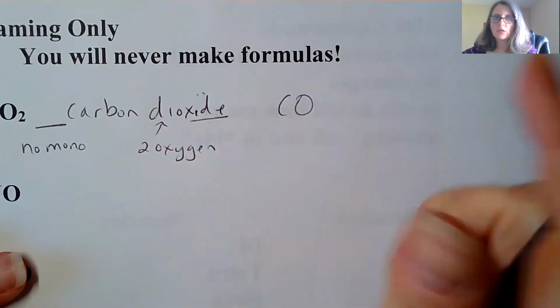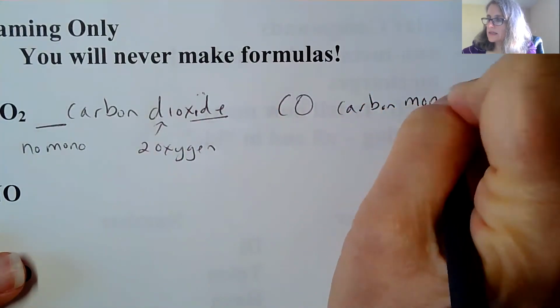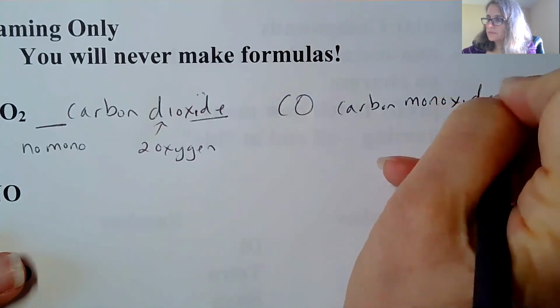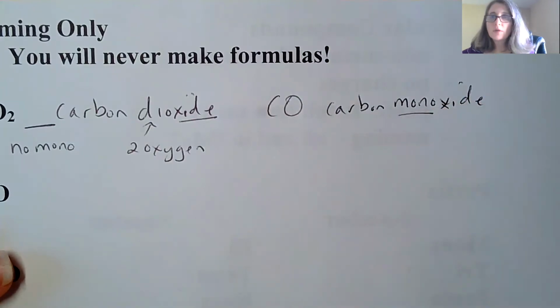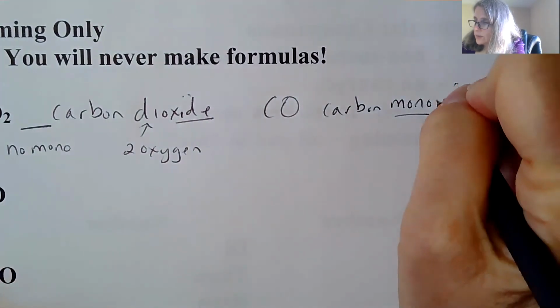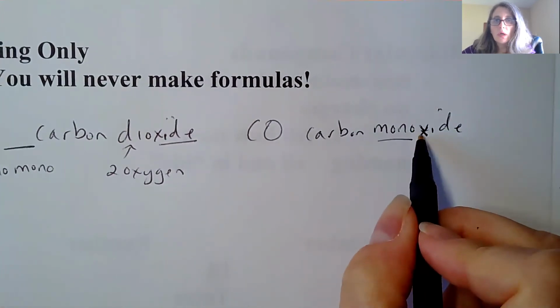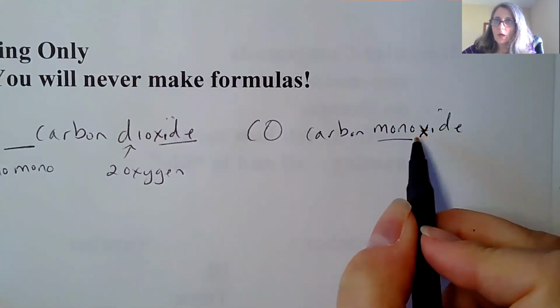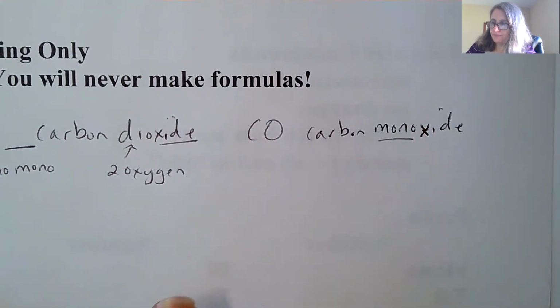Carbon dioxide is dangerous for other reasons, but this is called carbon monoxide. So the mono is to suggest that I have 1 oxygen in that formula. And with the O, we are going to drop that second O when we use mono. So this is called carbon monoxide.